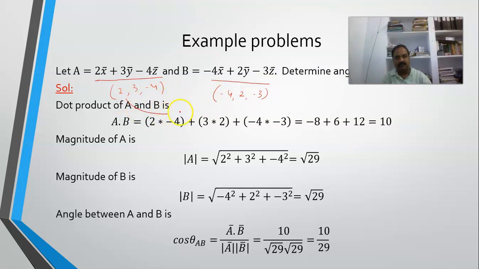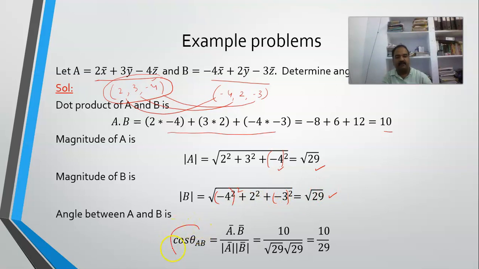It is 2 into minus 4 plus 3 into 2 plus minus 4 into minus 3, and the value is 10. Also the magnitude of A is the square root of 2 square plus 3 square plus minus 4 whole square. It is root 29. For B, it is also minus 4 whole square plus 2 square plus minus 3 whole square. It is also root 29.